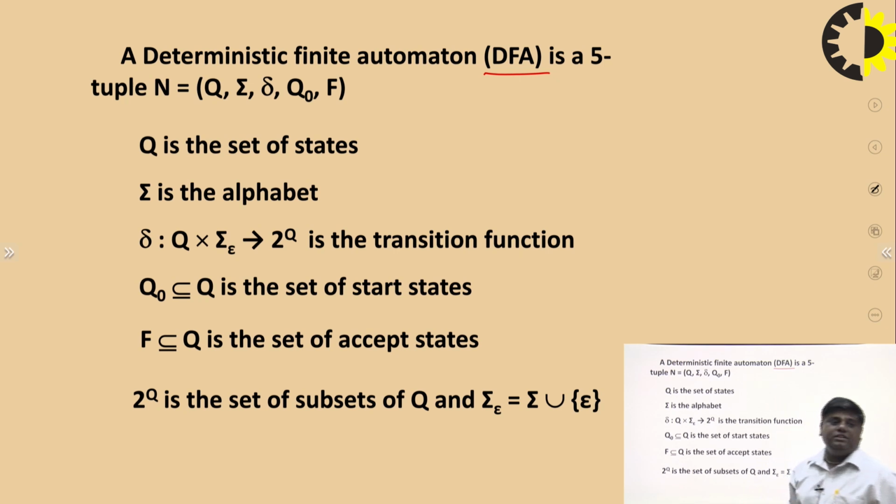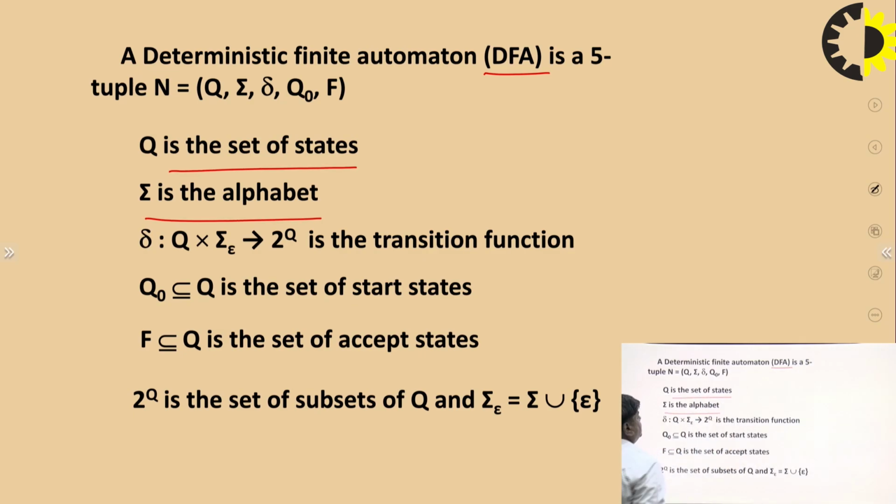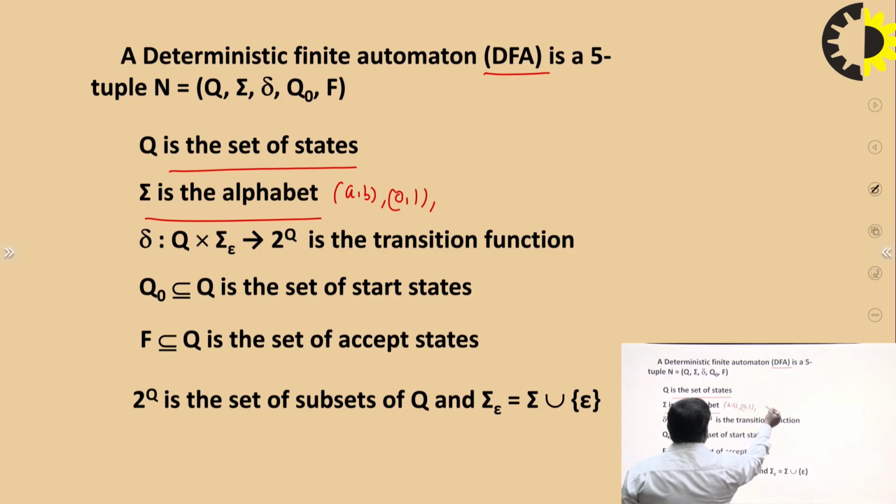DFA contains 5 tuples, as everyone knows. Q is the set of states, sigma is a set of alphabets or a set of inputs that may be A, B or 0, 1 and so on.